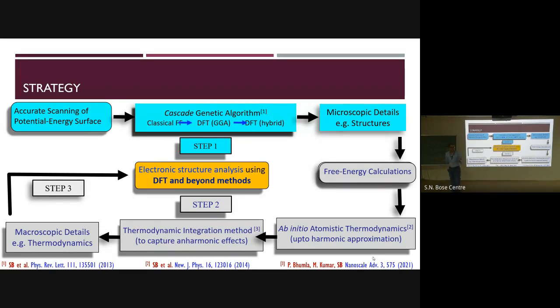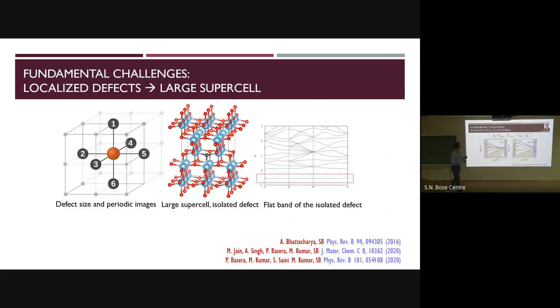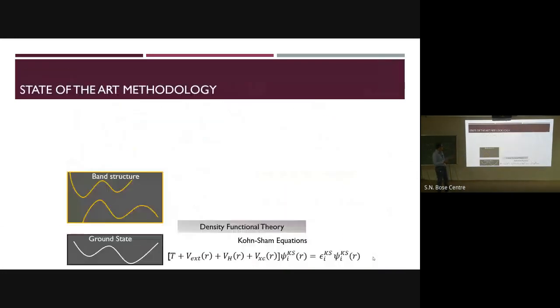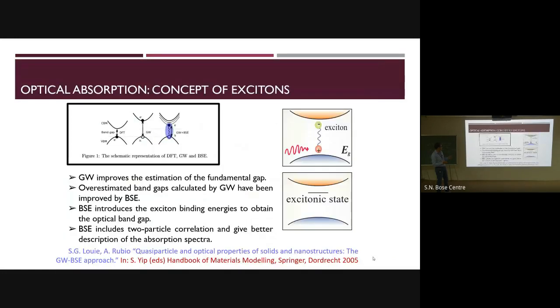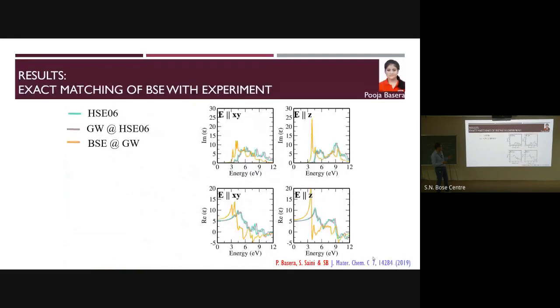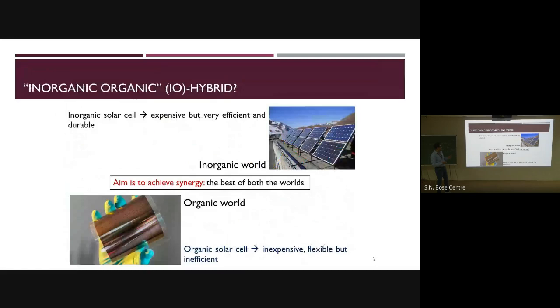Yeah, that's exactly what I wanted to make, this fancy screen or something like that. That was the idea. That's what I told at the beginning. So this is the starting of this inorganic-organic hybrid world, because they wanted to make a synergy of the inorganic world and the organic world.